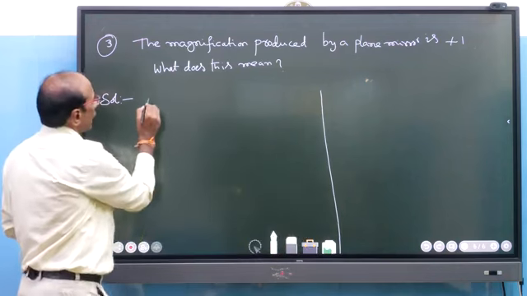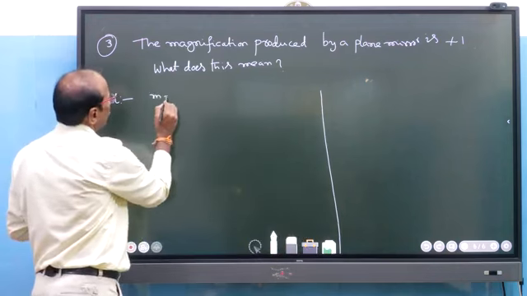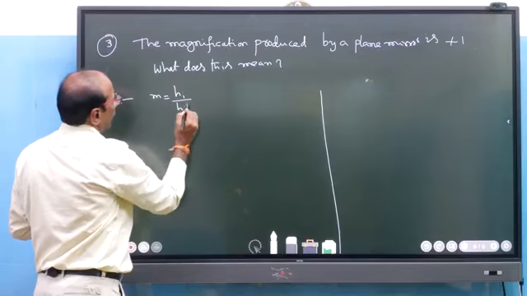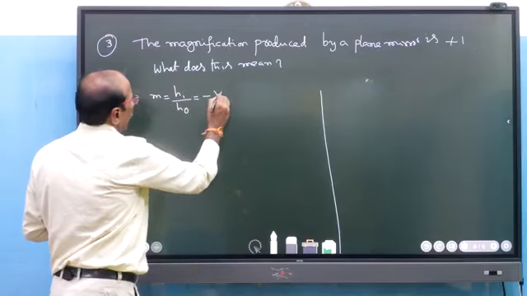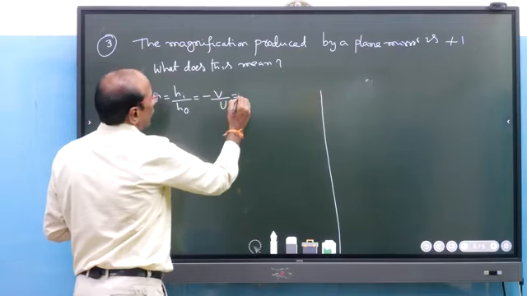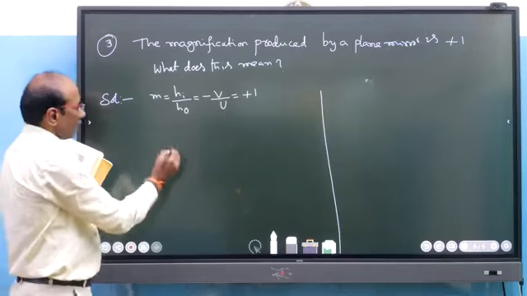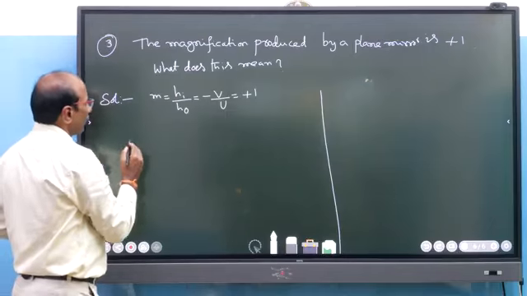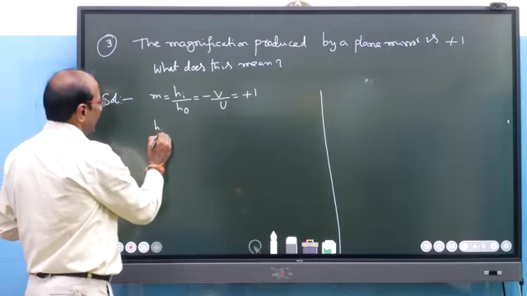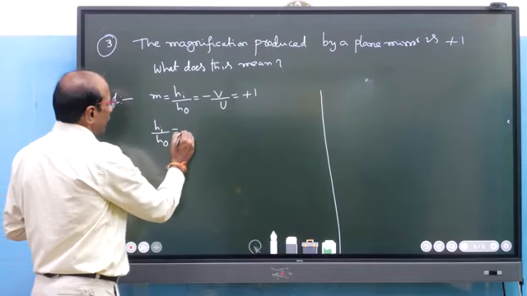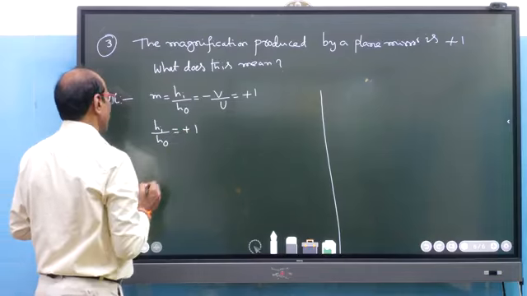Magnification m equals height of the image by height of the object equals minus v by u equals plus 1. From this data, first I can write height of the image by height of the object equals plus 1.